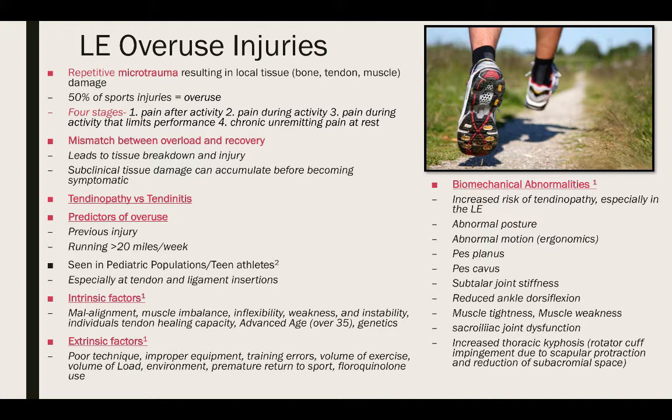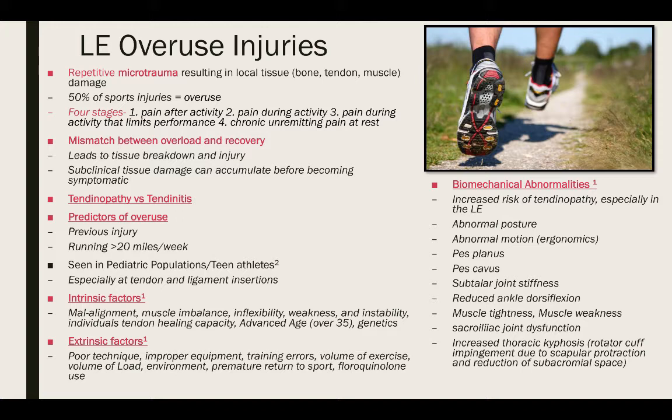So we think about posture, abnormal motion, we think about the podiatry lecture, the pes planus, pes cavus, and how either lack of pronation to be able to absorb forces or supination, which is too rigid, how either of those can lead to abnormalities, all those forces coming up through the lower extremity.